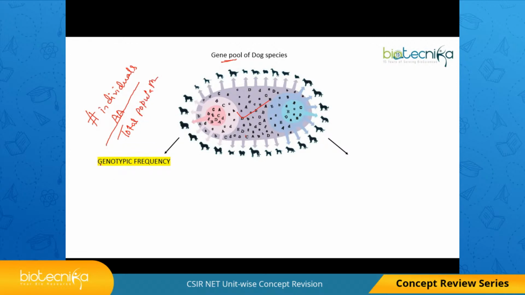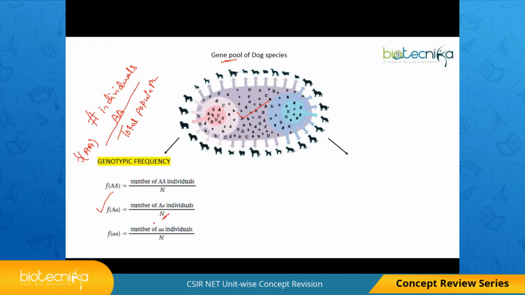This is your genotypic frequency of AA. Similarly, if you want to measure the genotypic frequency of heterozygous, it is the number of heterozygous individuals divided by your total population, which is given as N. The frequency of your homozygous recessive is equal to the number of homozygous recessive individuals divided by the total population, which is N.